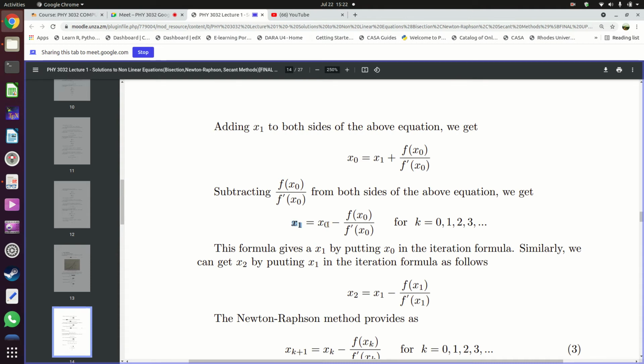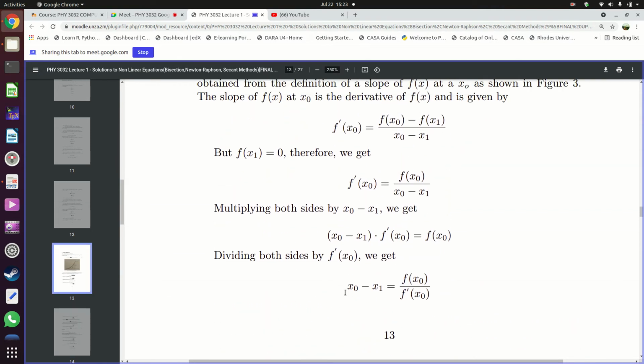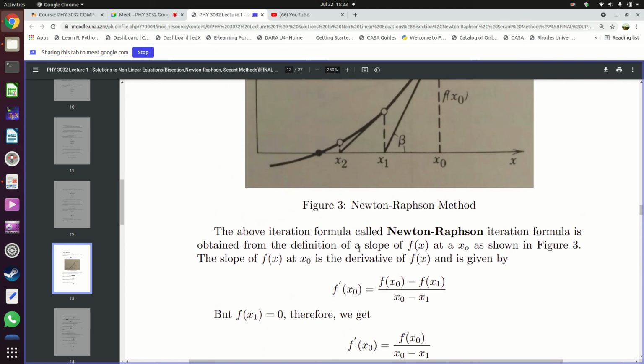In place of where there's x0 here, you put x1, so that you end up with x2. So when I do that here, I end up with x1 minus f of x1 divided by the derivative of f at x1. So when I do this again, this should give me x2, which is the x2 which I have here.